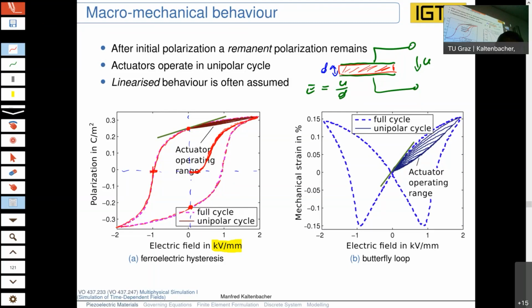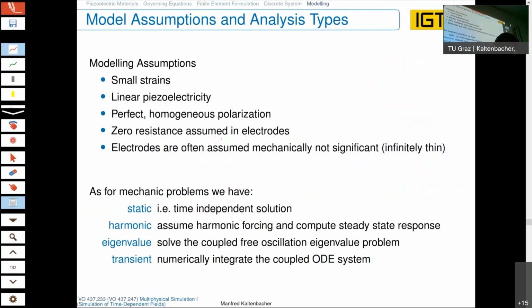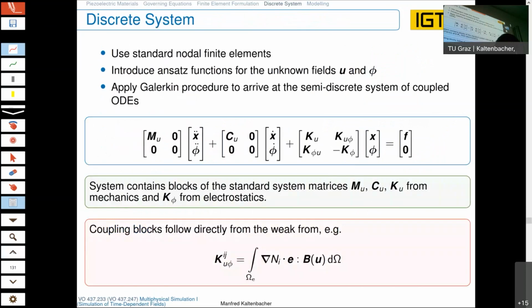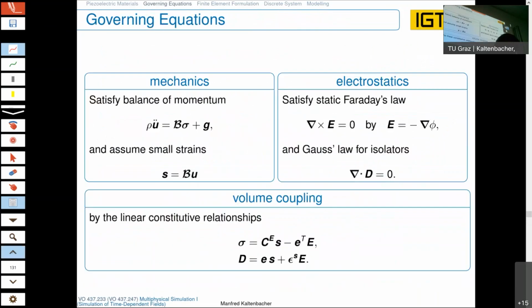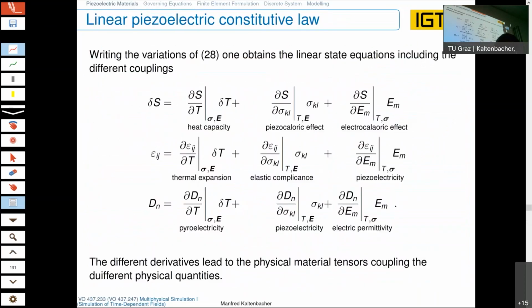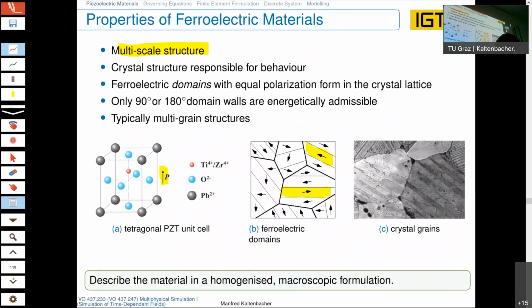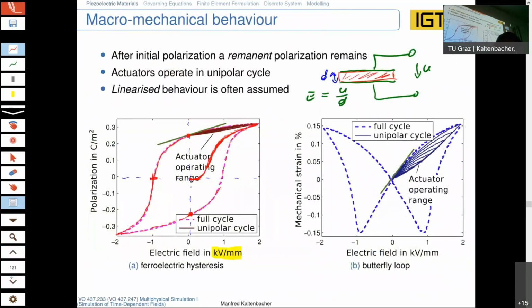So for example, if you go up with your polarization just to this point, then perhaps your hysteresis loop looks like this one. And I also show here in which direction we go through these hysteresis loops.